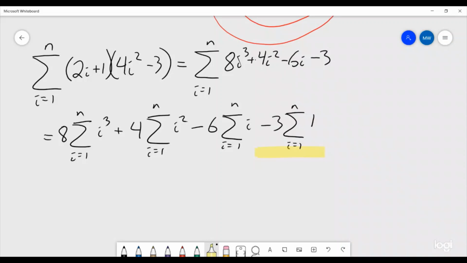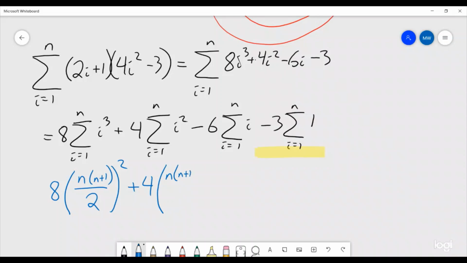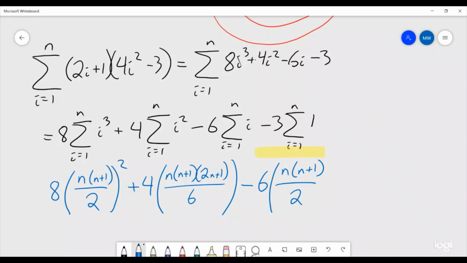And if we go through and add all these pieces up, this first one goes to 8 times n plus 1 over 2 squared. We then have a 4 times n plus 1 times 2n plus 1 over 6. We have a minus 6 times n plus 1 over 2, and a minus 3 times n.